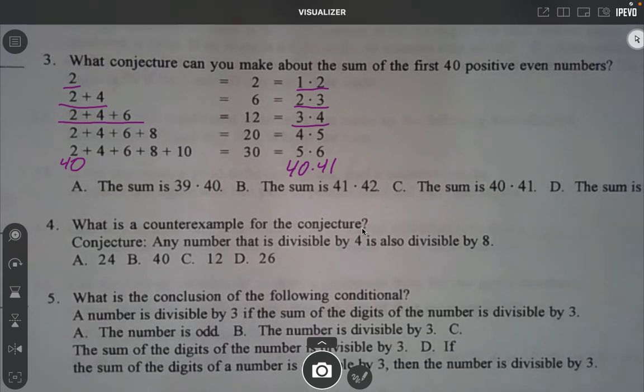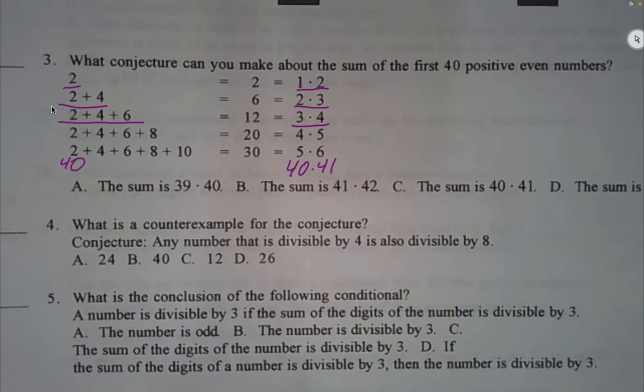So this one says a counterexample is what you're trying to find. That means you're trying to prove it wrong. It says any number that's divisible by 4 is also divisible by 8. So we're looking for the opposite. It's not going to be divisible by 8. Is this divisible by 4 and 8? Yes, so that's not it. Is that divisible by 4 and 8? Yes. Is that divisible by 4 and 8?